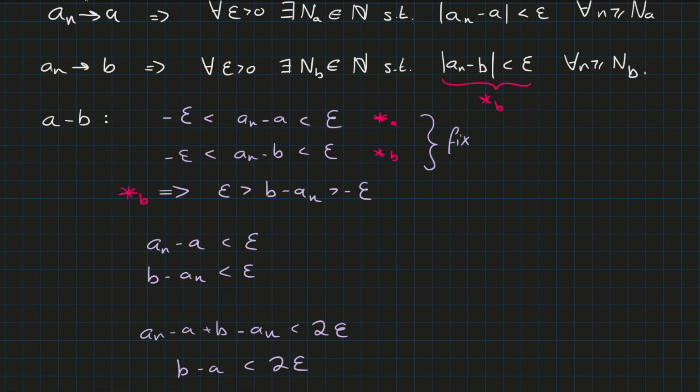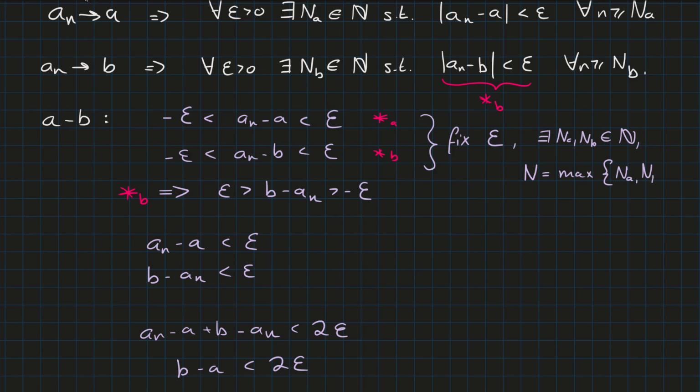So I'll write that here: fix epsilon. Then there exist the N_A and N_B in N that we want, and pick N to be the max of the two, the later one of both of them.